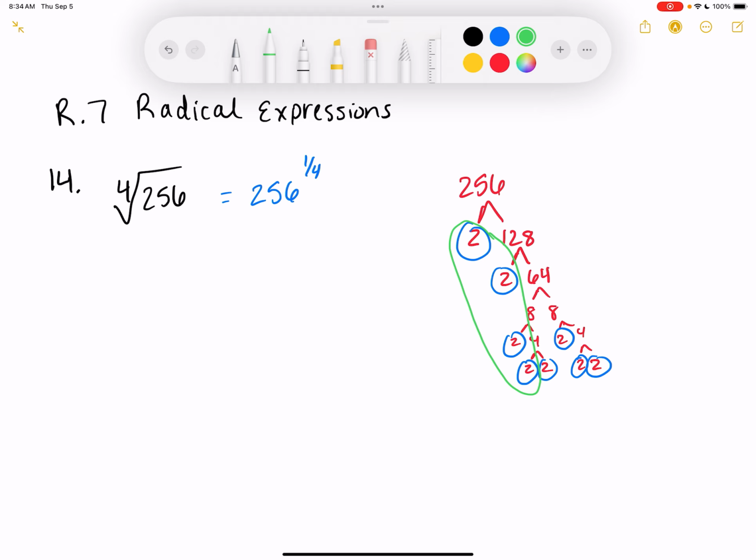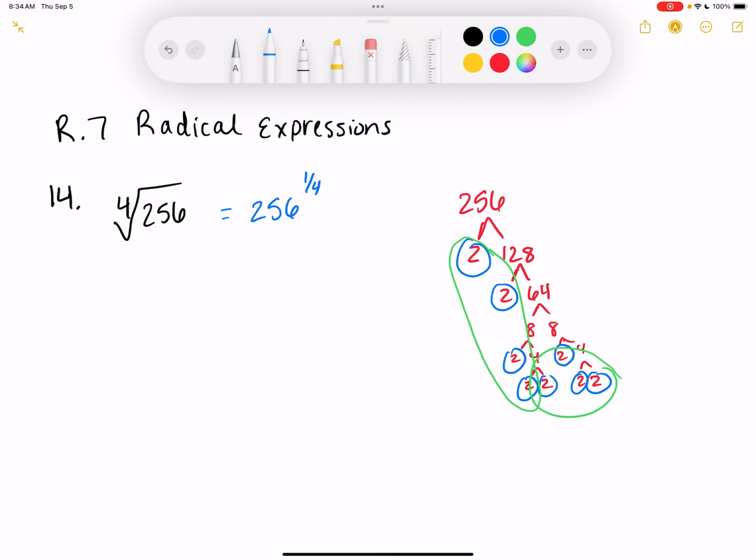And then over here, I have another group of 2s, so I can take that out. And so this ends up being 2 times 2, which is 4. Now, that one's kind of a lot just because of it being a fourth root and a big number. In terms of the actual breaking down process, normally it doesn't take quite that long.